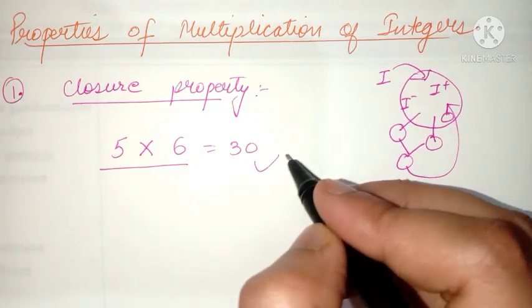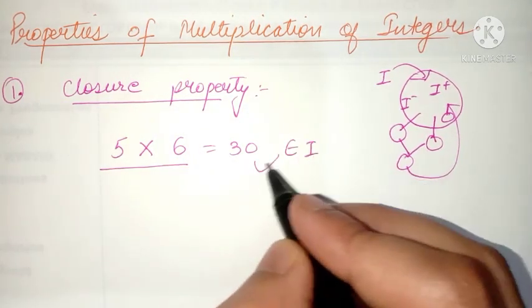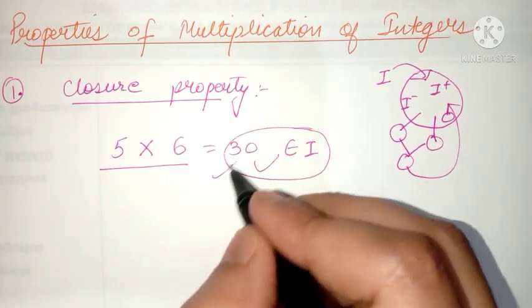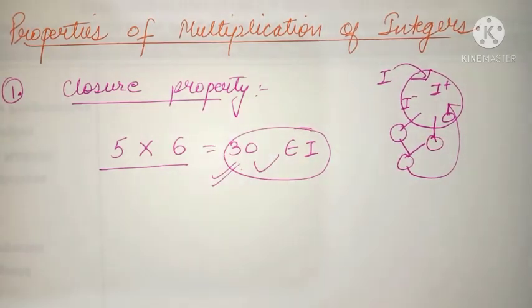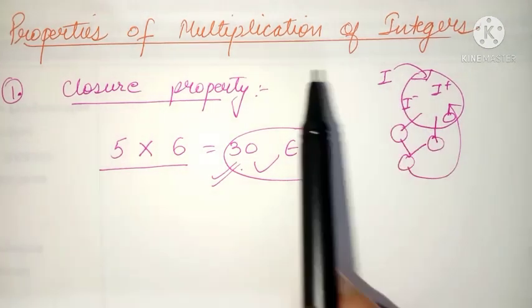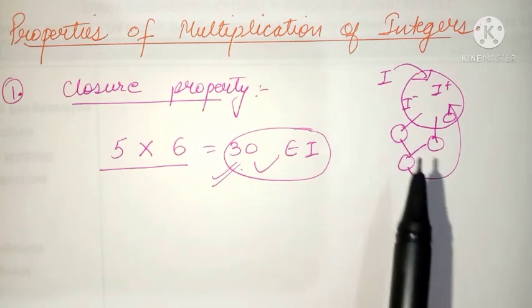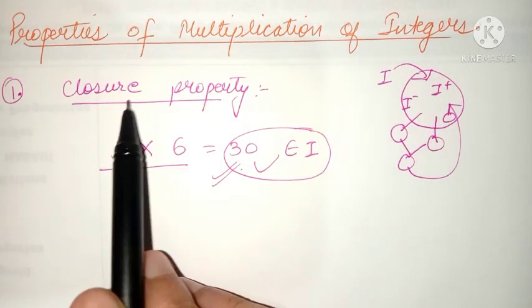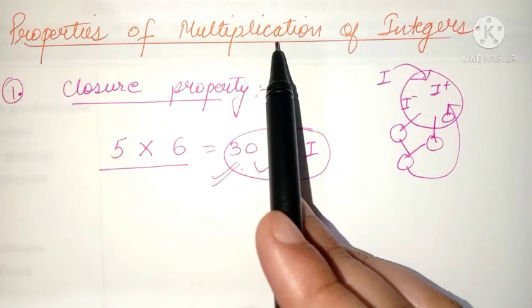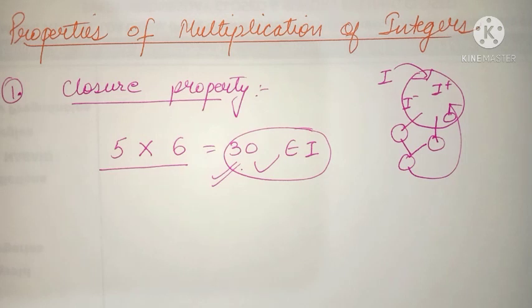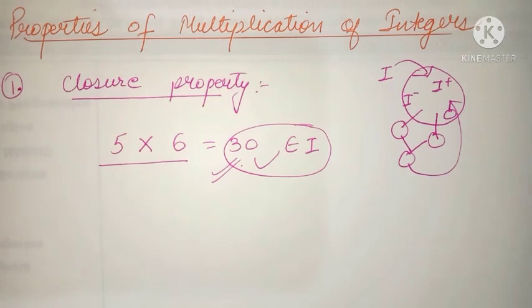Yes, it also belongs to the set of integers. So this property says that no matter what numbers you pick from the set of integers, if you multiply them, you again get an integer only, and hence the set of integers is closed with respect to multiplication. So the multiplication of two integers is always an integer. This is what you understand from this property.